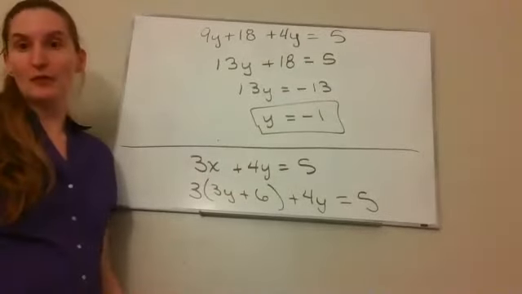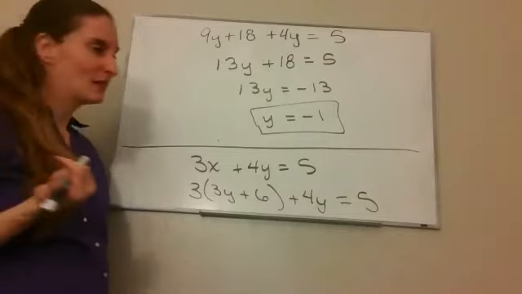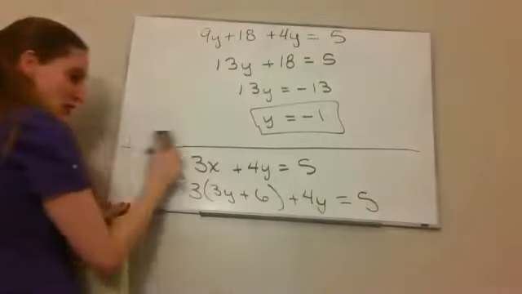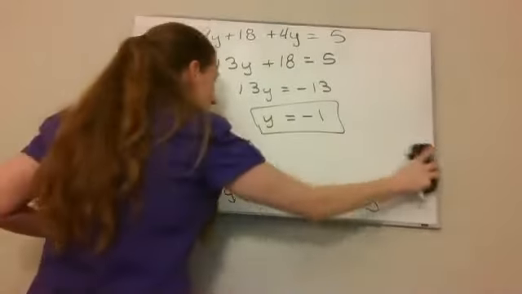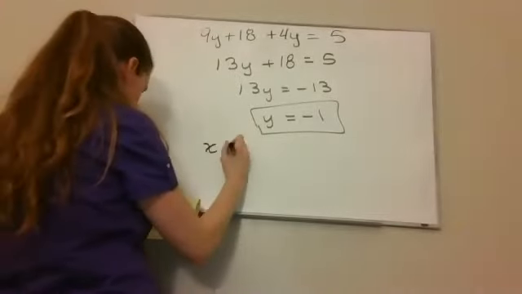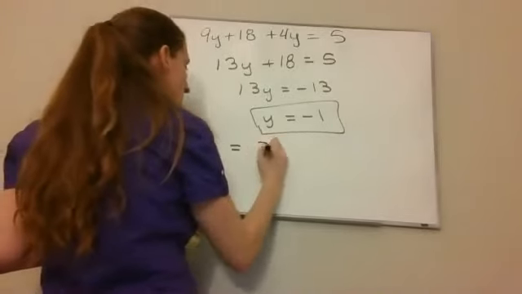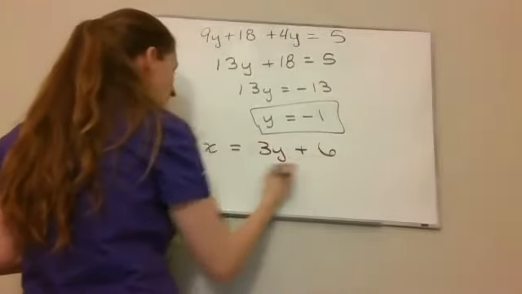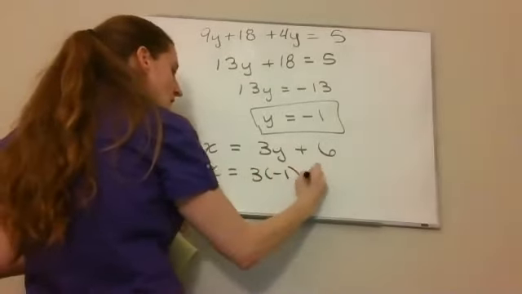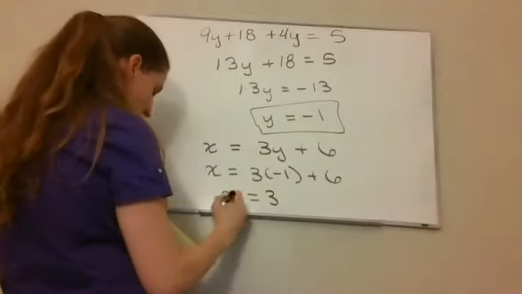And that's part of my solution. But now I still have to figure out what x is. So I get to take this result and plug it back into the equation I had that had x by itself. I had x equals 3y plus 6. So now I can plug this y value in and get that x is equal to 3.